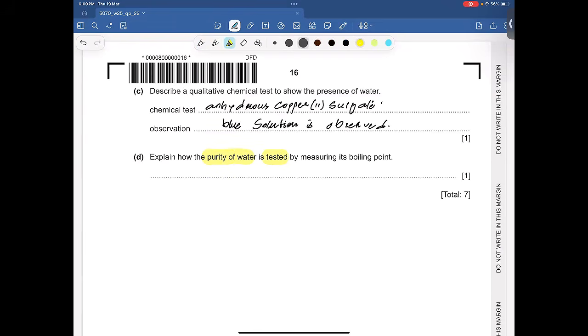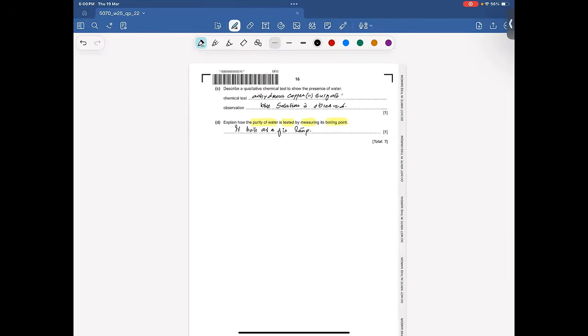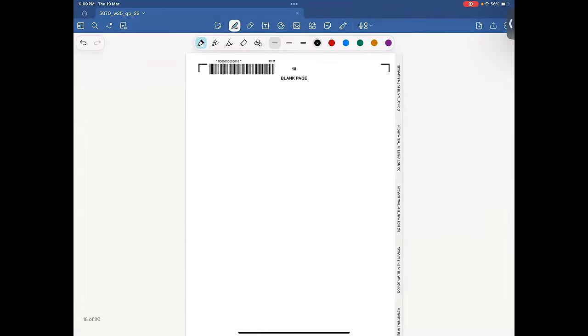Explain how the purity of water is tested by measuring its boiling point. It boils at a fixed temperature. All right. So that's the end of this question. Let's move on to the next one. Oh, that's the end of this paper, guys.